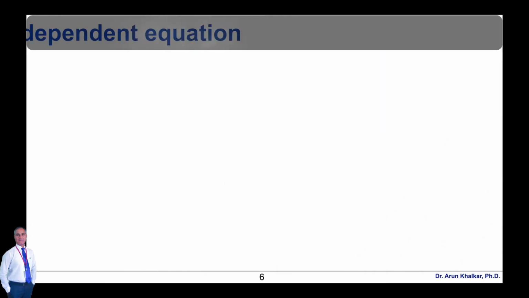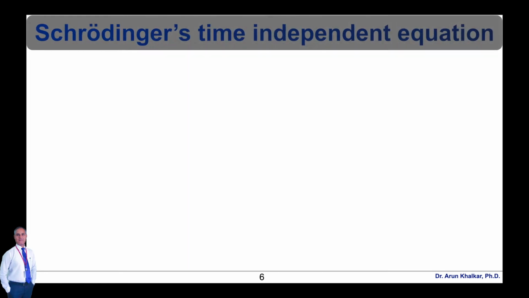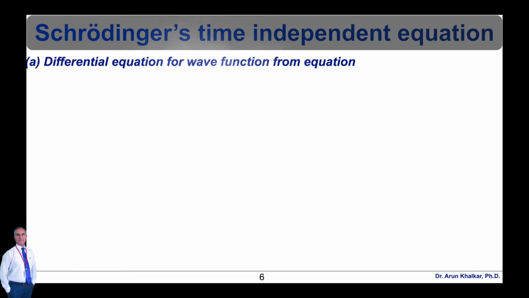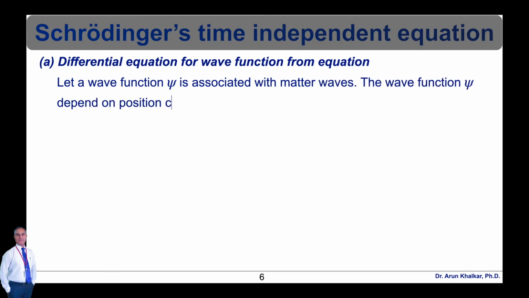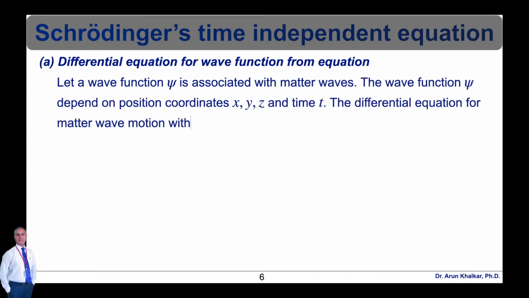As we have equation number 4, let's find the Schrödinger's time-independent wave equation. So, the differential equation for the wave function from the above equation number 4. Let a wave function ψ be associated with matter waves. The wave function ψ depends on the position coordinates, that is x, y, z, and time t.